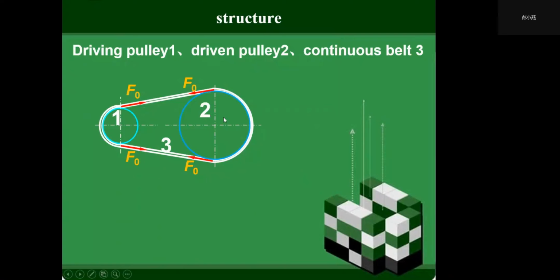When a belt drive is used for speed reduction, the small driving pulley is mounted on the high-speed shaft, while the large driven pulley is connected to the driven machine shaft.